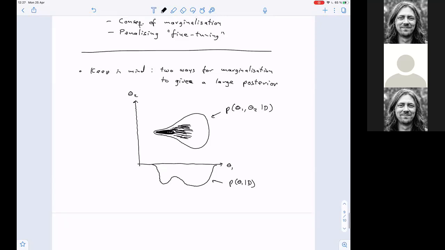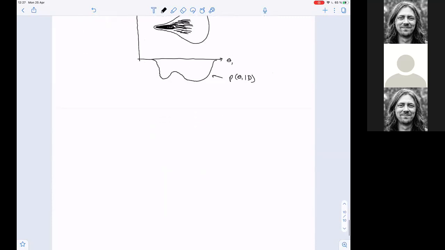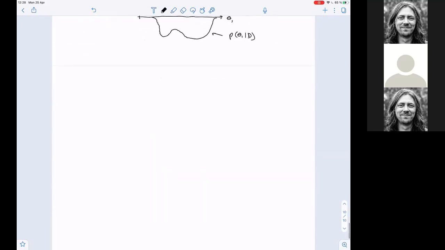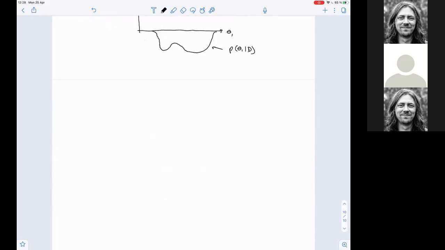The other thing I wanted to discuss was that Bayesian posteriors penalize fine-tuning.